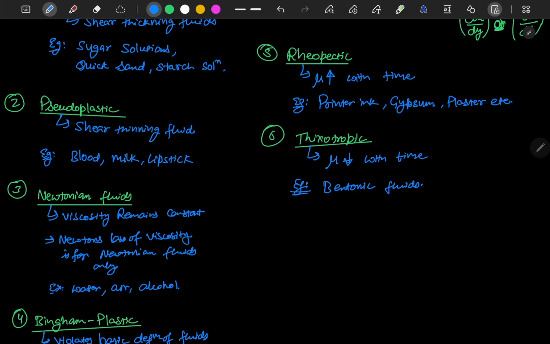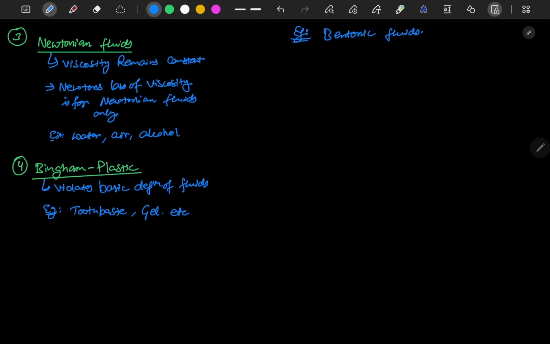Now there is a special type of fluid that is known as your viscoelastic fluid. Viscoelastic fluids are fluids which, after some deformation, partially return to their original form.